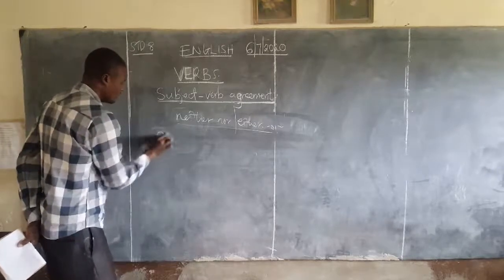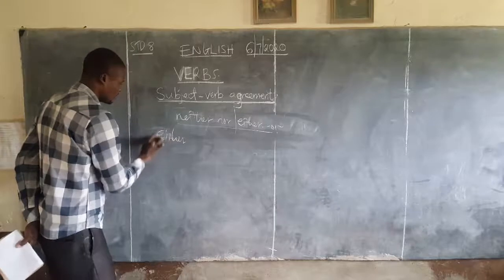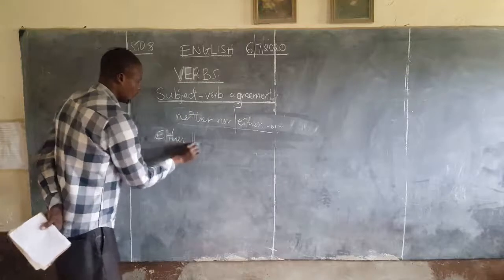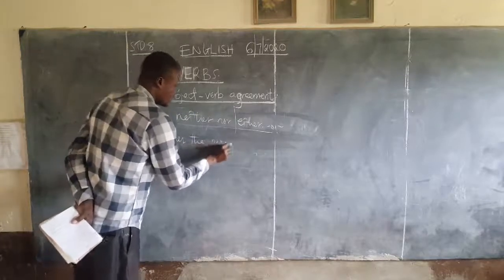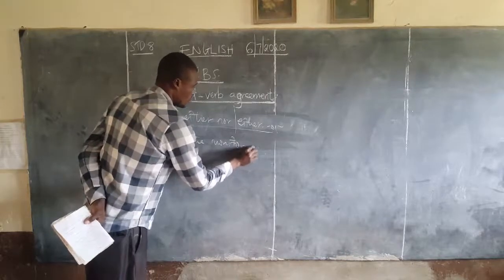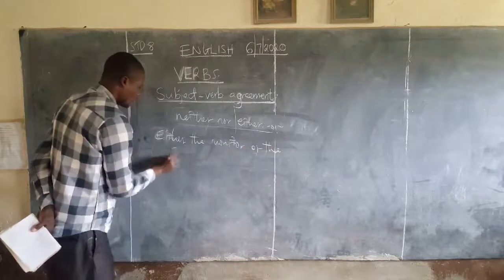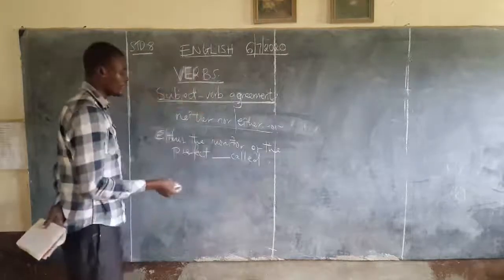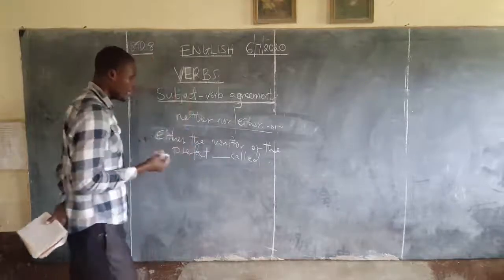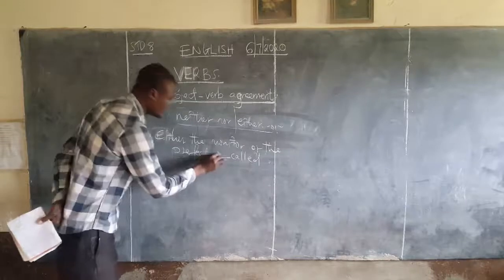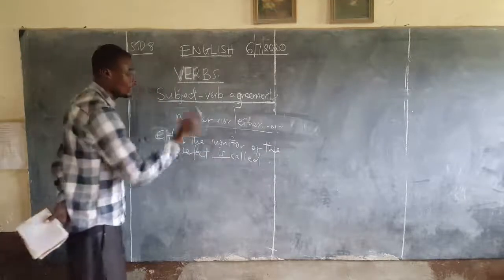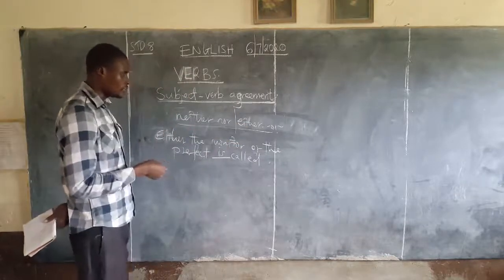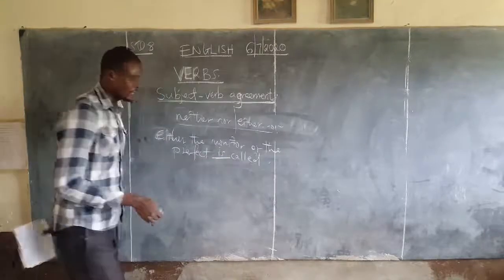Let me start with either: either the monitor or the prefect, dash, called by the teacher. So in this level again, we ensure that we use a singular verb. Either the class monitor or the prefect is called by the teacher. So when the teacher wants one person only, the teacher does not want all of them. The teacher only wants one.